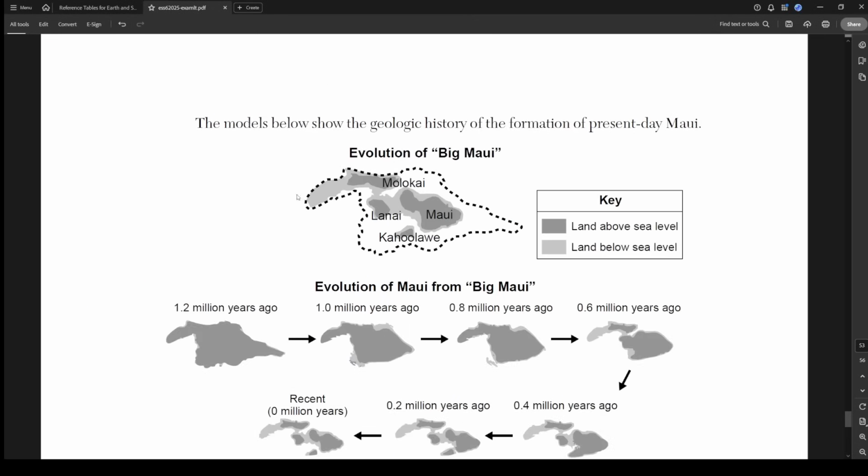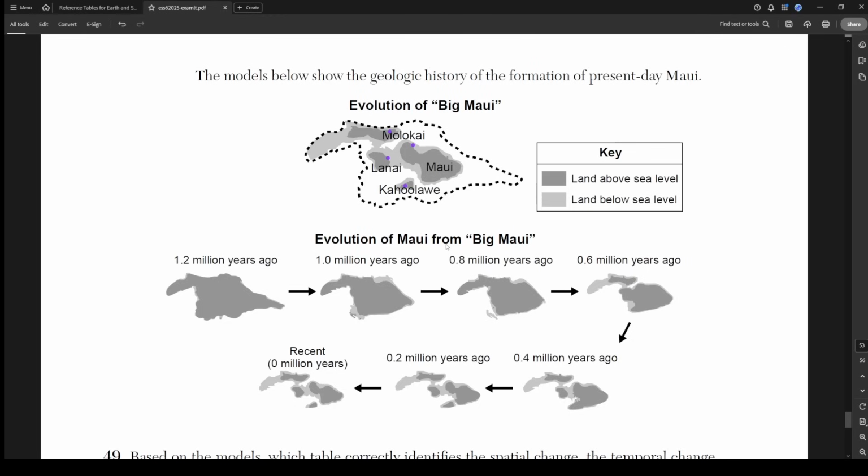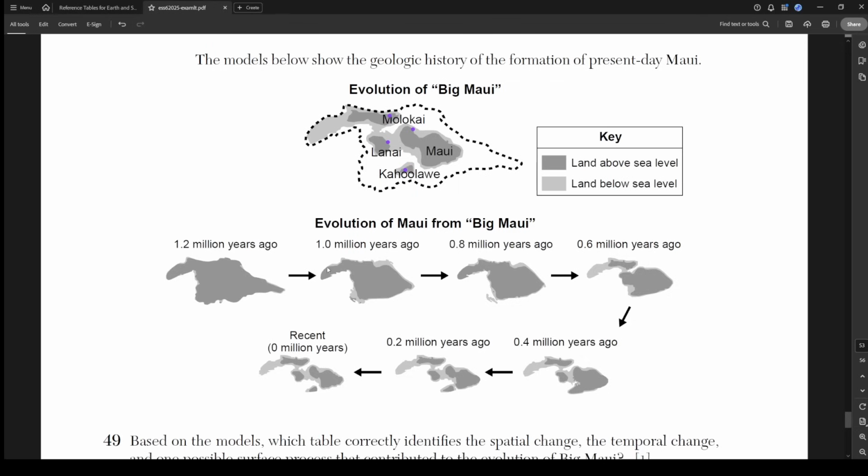All right. The models below show the history of the formation of the present-day Maui. Okay, so evolution of Big Maui. So essentially, all these little islands were close, I guess. Evolution of Maui from Big Maui. Okay. So they separated.